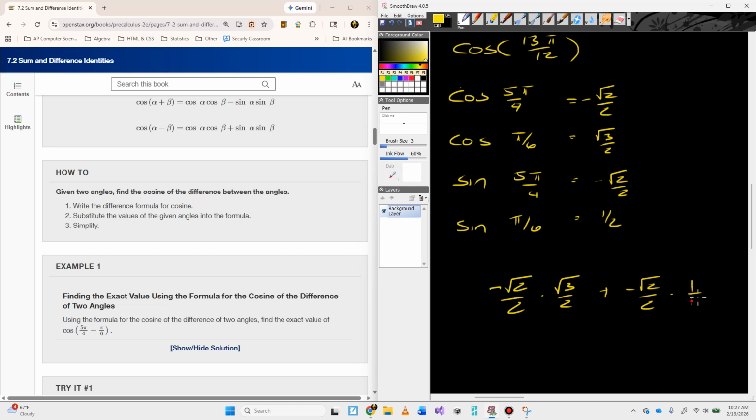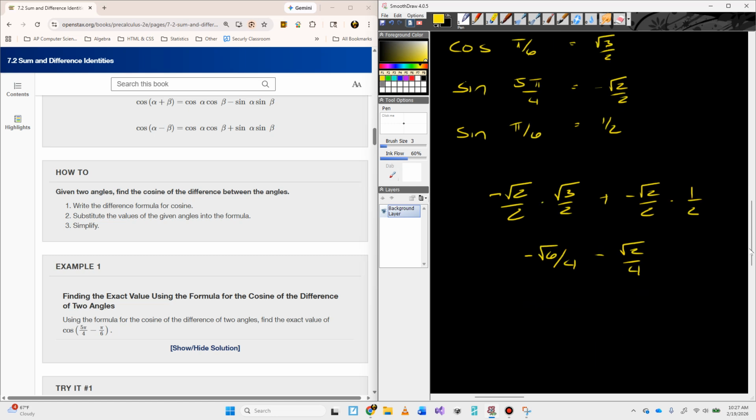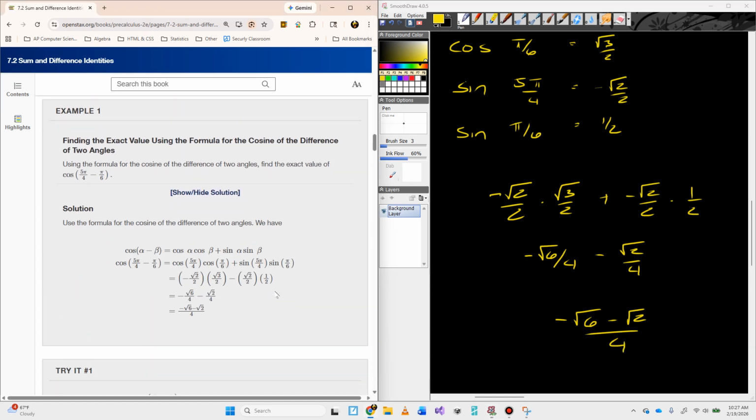That's 1/2. I simplify. That's negative square root of 6 over 4 minus negative square root of 2 over 4. And so that's going to be equal to negative square root of 6 minus negative square root of 2, over 4. If we were to show the solution, that's exactly the solution that we have.